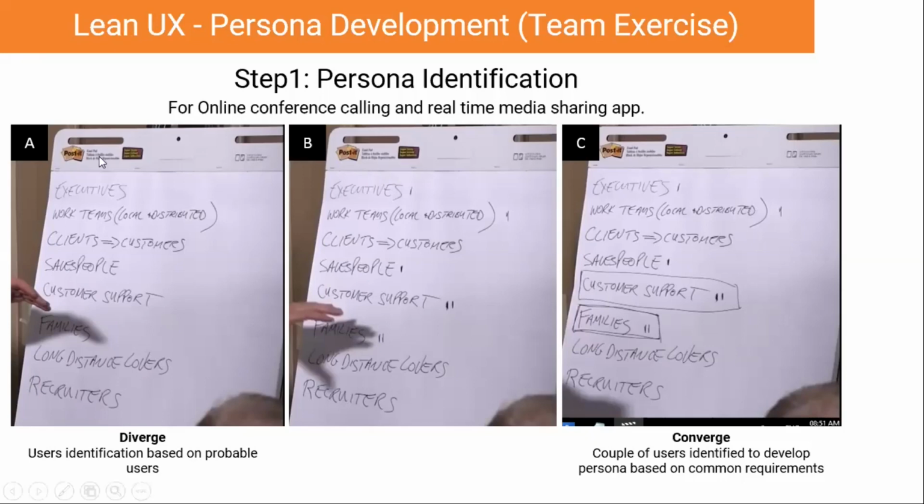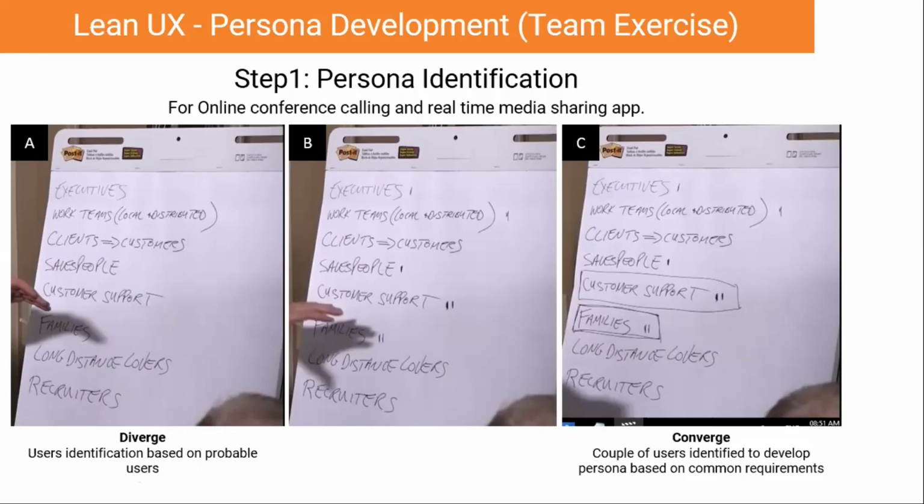Somebody will say executives, somebody will say clients and salespeople. So once you have the list of people here, now you have a diverse set of personas. Now you need to converge it. You're not going to develop personas for half a dozen or a dozen people. Typically, you develop two to three personas, representative users, right?